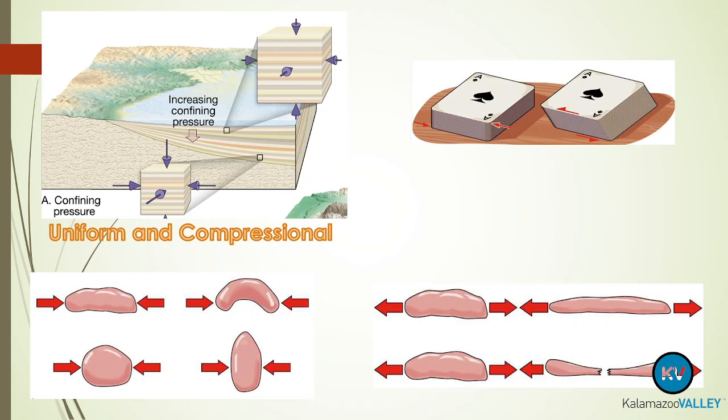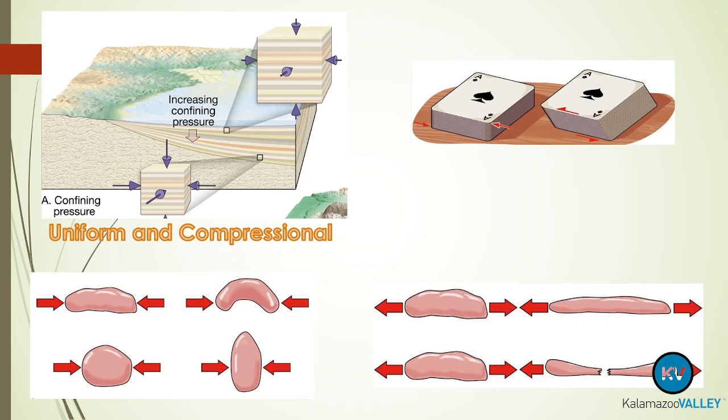This one would be uniform pressure or uniform stress because the pressure is the same all the way around it, and it would be compressional because it is being pressed all together. Now let's take this deck of cards, for example. We've pushed it to where one corner is leaning one way and another corner of the deck is leaning another way.